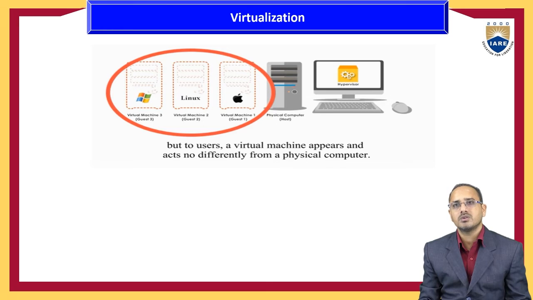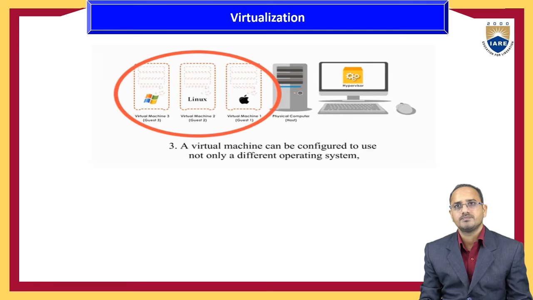They'll provide the same sort of service irrespective of whether you're working on the physical machine, the host machine or the guest machine. It doesn't matter for the user, and the user will be in the frame of mind that he is working on the same physical machine even though he is working on the virtual machine. So he won't find any difference in making use of the virtual machine.